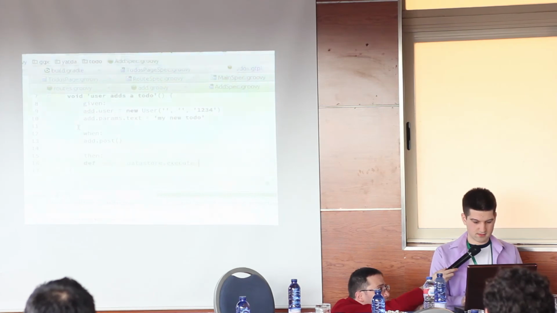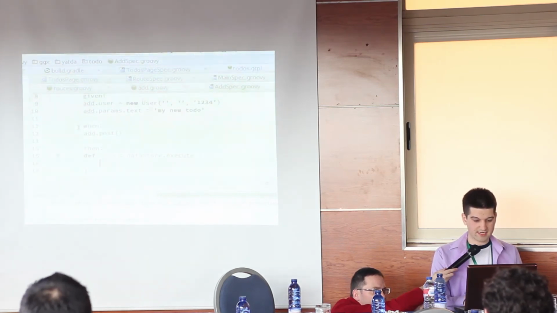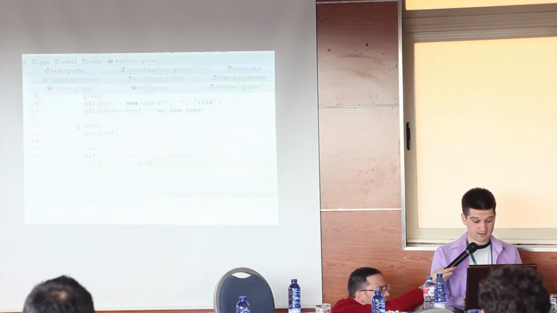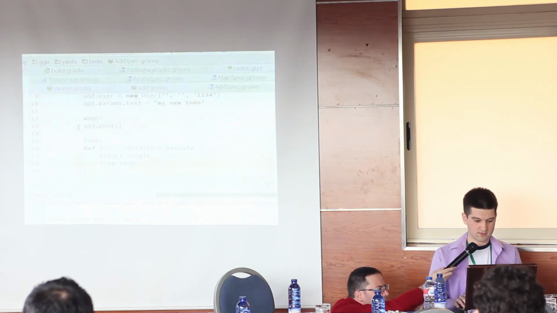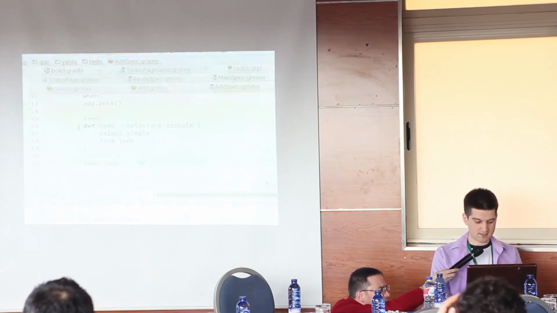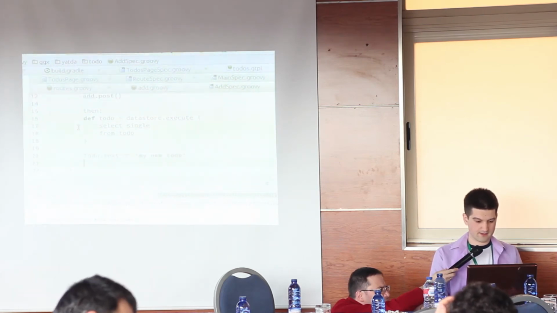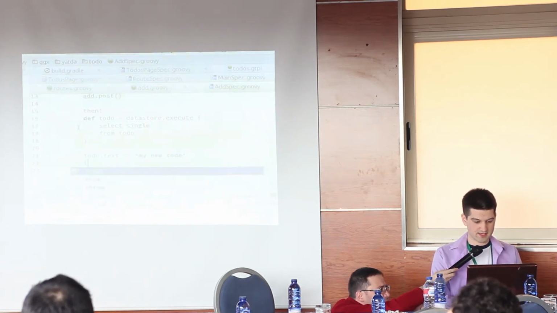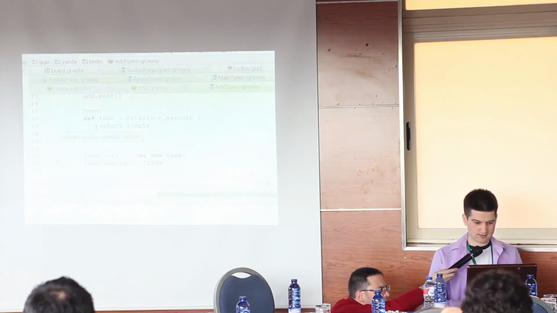We will use the nice DSL that Gaelyk provides for querying the datastore. So we can simply say select single from to-do. A little bit of Groovy magic here. And we expect the to-do to have the property text set to my new to-do. And we are also expecting the user ID property of that domain object to be 1, 2, 3, 4, I believe. Is this the thing I said?